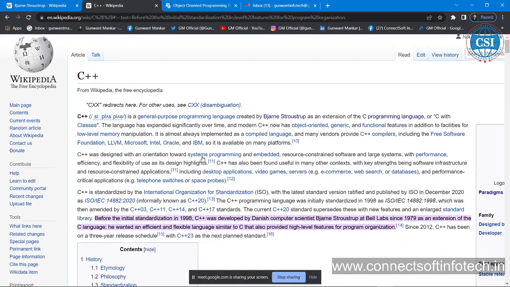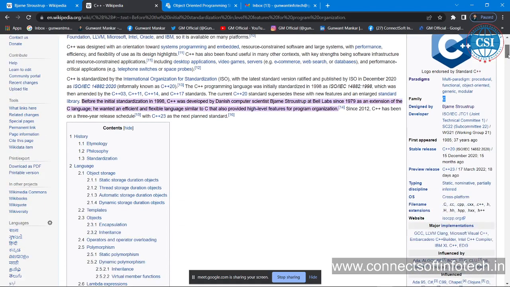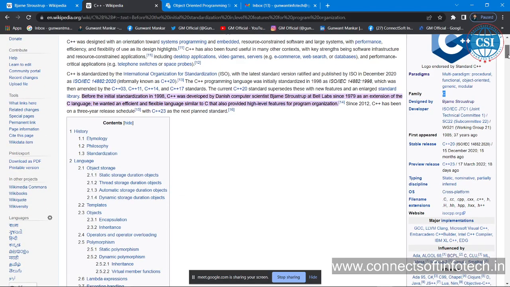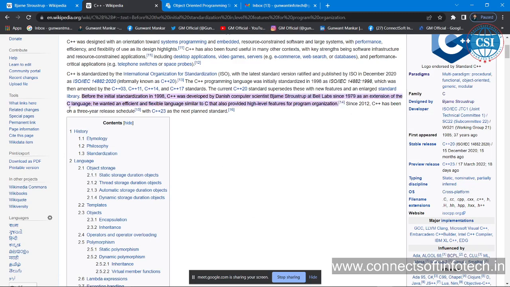Where was it developed? AT&T Bell Laboratory. It is an extension of C. He wanted an efficient and flexible language similar to C that also provided high level features.